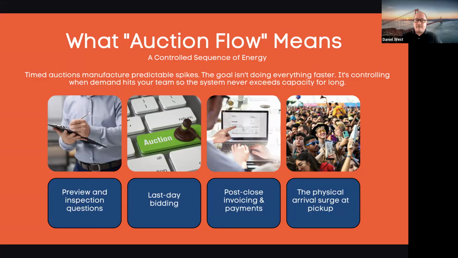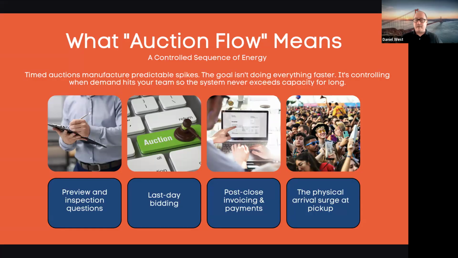But the pre-auction inspection period is when one of these spikes in demand will arise. There's also a spike that happens, as everybody knows, on the very last day of bidding. Regardless of how long your bidding period is, the real auction happens in the last few minutes of each item. As each item closes, that's when a flurry of activity happens.